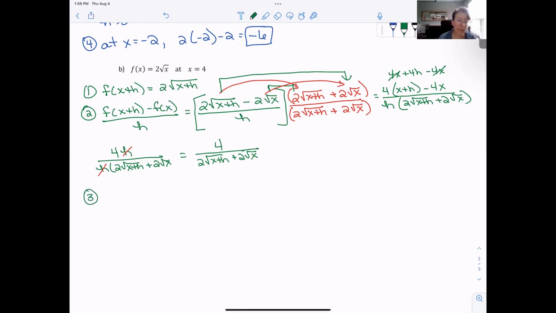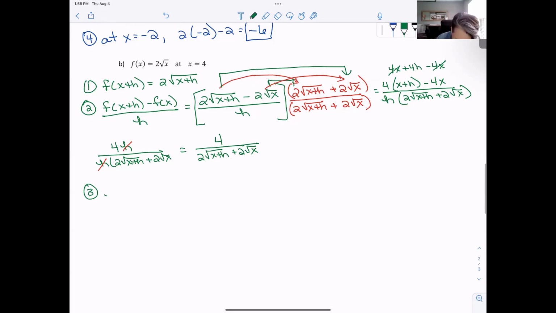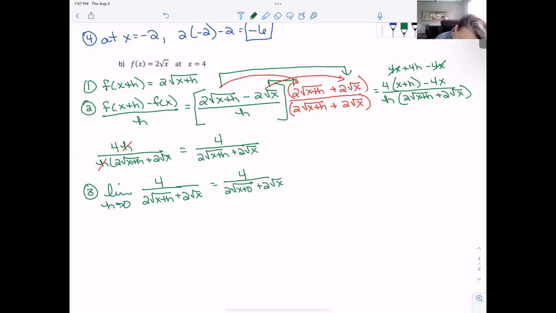So I wanted to show you an example like this one, not necessarily that you're going to come across one like it, but when we have square roots, sometimes it doesn't come out as nicely as our other polynomials. So let's take the limit as h approaches 0 of this function over 2 square root of x plus h plus 2 square root of x. That means we can just plug in 0 for our h: 2 square root of x plus 0 plus 2 square root of x.